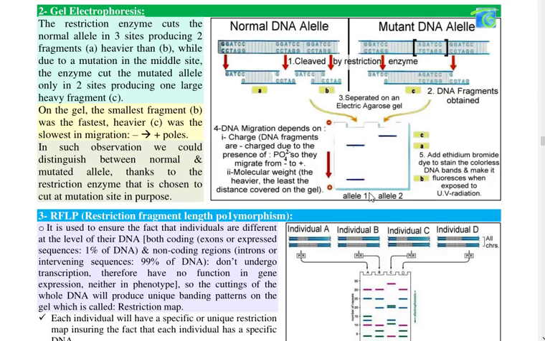The electric current will push the fragments. They move according to their size, and the smaller piece will move farther away from the beginning. That's how we can know, Subhiyya, if this allele was cut or not, meaning if this allele has a mutation or not when you compare it with the normal.